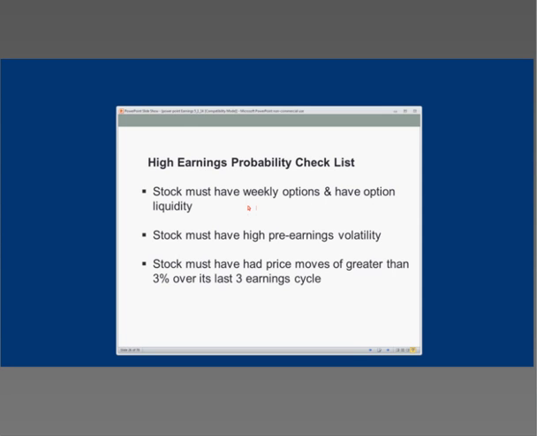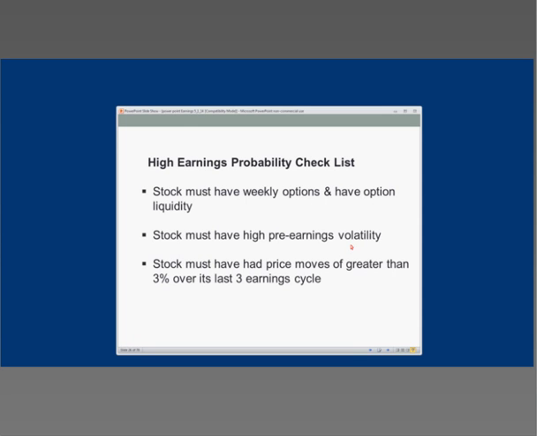It's just going to be worth the market maker's time to take your pants down. So, that's one thing. And then I look at stock. It must have a high pre-earnings volatility. I want as high volatility as I can find. And then I'm also going to look for stocks that have had price moves of over 3% in their last 3 earnings cycles.